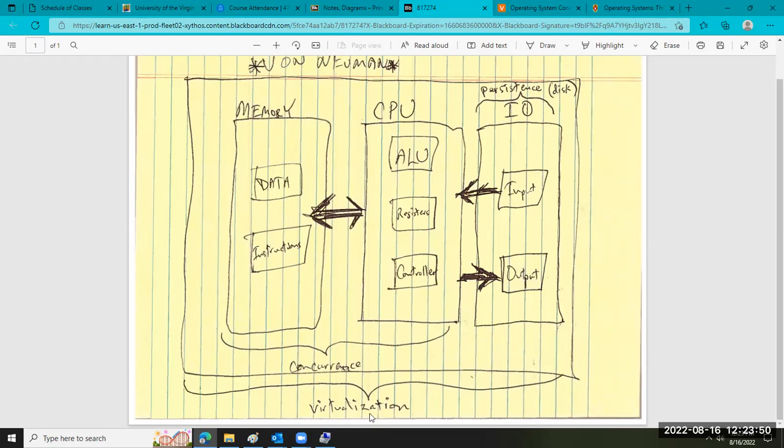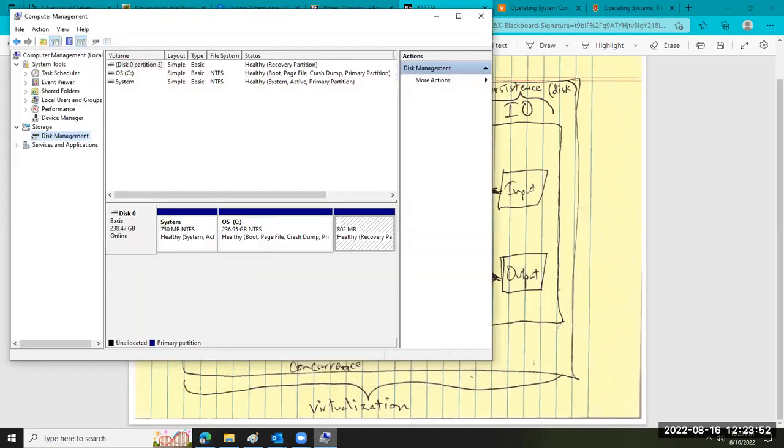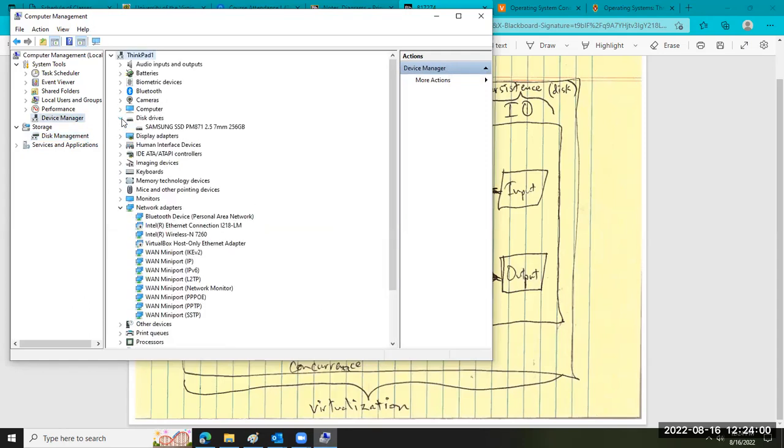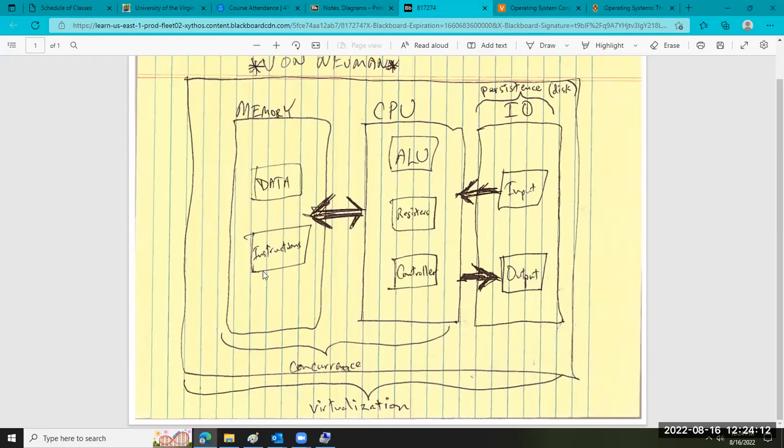If I look at device manager, we take the physical components and we virtualize them so that even though we have physically different devices, the virtual hard disk that presents to the operating system in the middle looks like any other hard disk, right? So that's the virtualization piece.